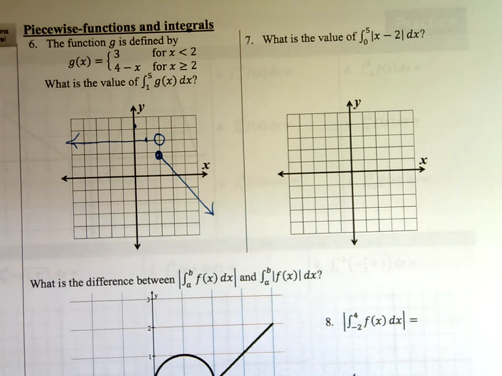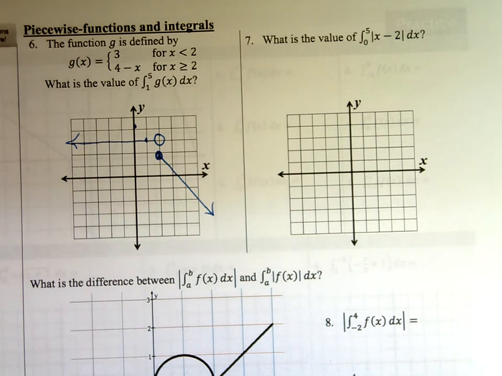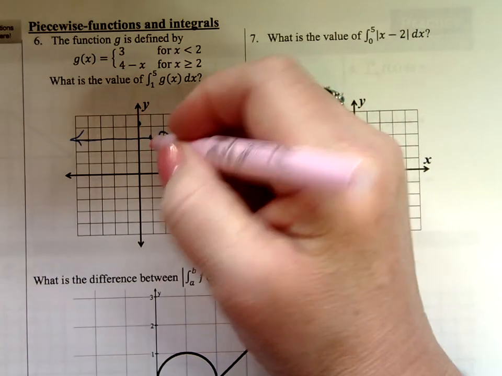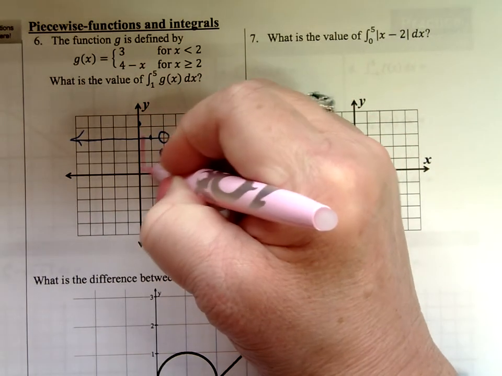What is the value of the integral from 1 to 5 of g of x, of this piecewise function? So I'm going to kind of look at this from 1 to 5, and I don't know that my line is all that great, but here's what you got.